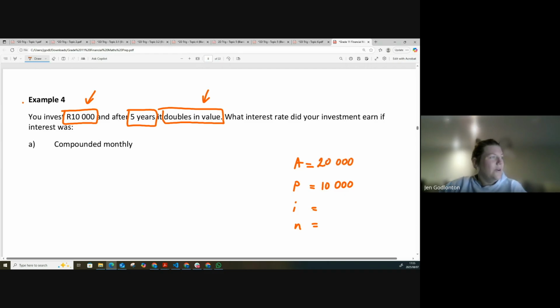What interest rate did your investment earn if your interest was compounded monthly? Okay, so we've got 5 years that we're dealing with, and we're compounding monthly. So we don't know what our interest is, but we know that we're compounding monthly. That's why that's a 12. And the number of times we would have interest would be 12 times 5. Exactly. So our N would be 60.